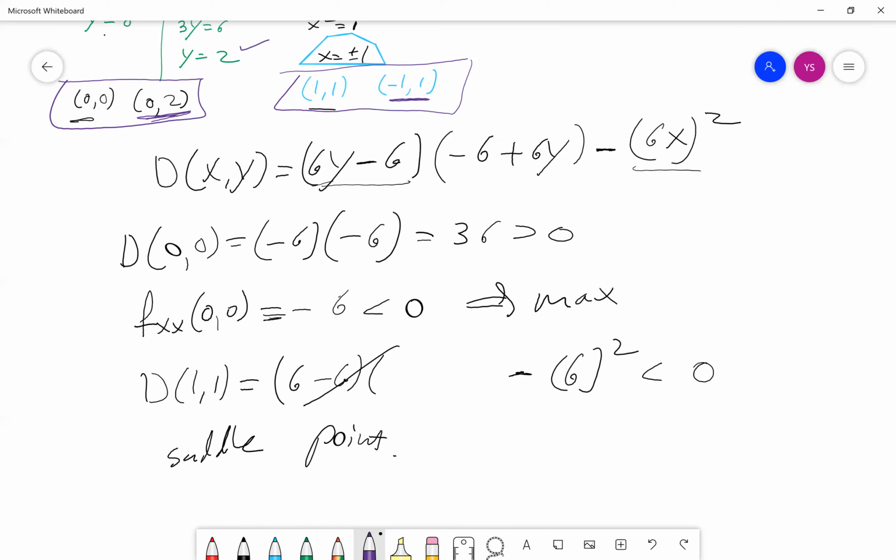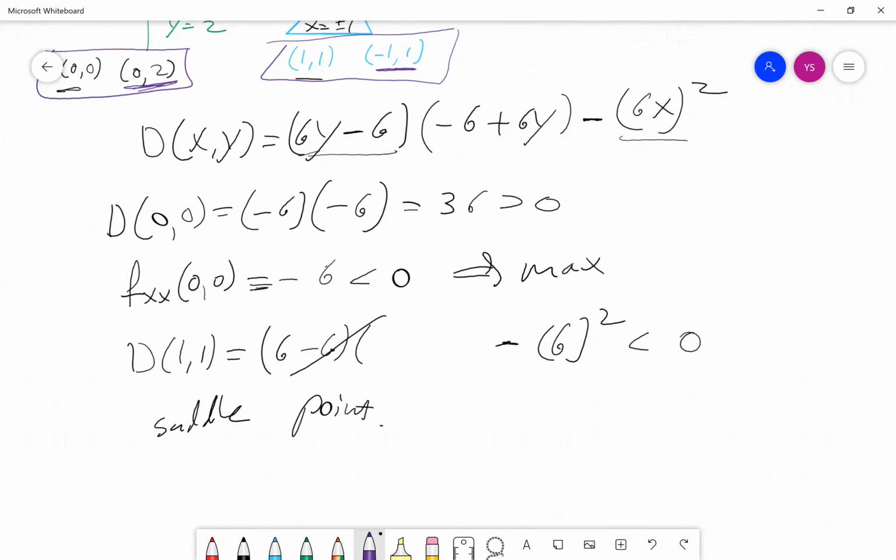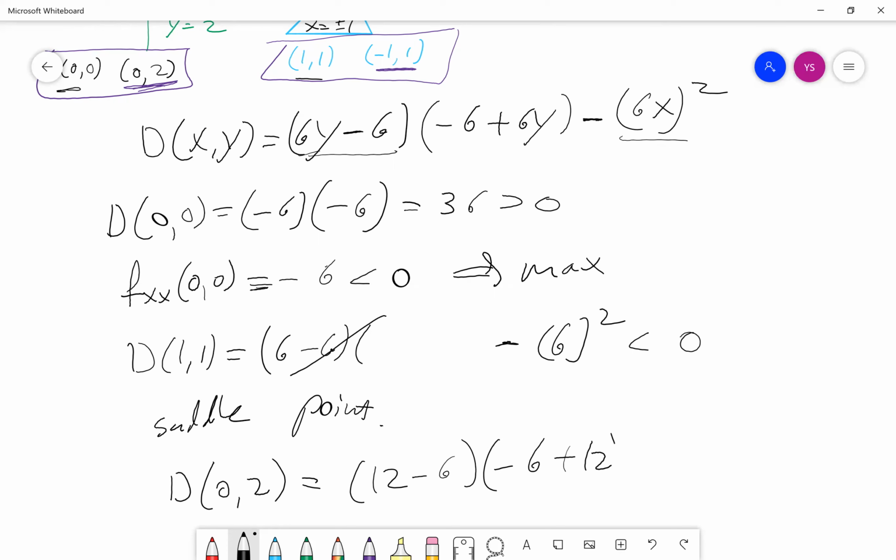Okay, so let me finish this problem. So what is D of 0, 2? Well, that's going to be 12 minus 6 times negative 6 plus 12 minus 0.